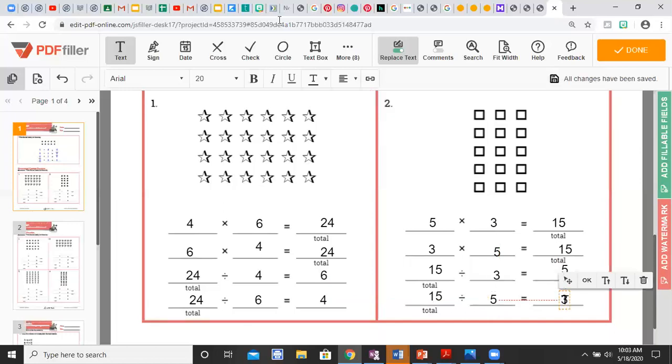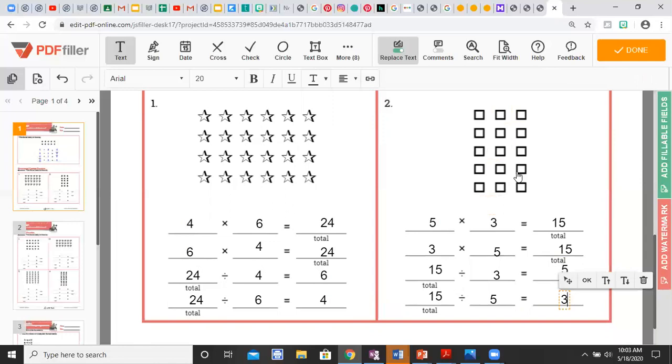Okay, and again, here's our 15. If we look at our 3 columns, 1, 2, and 3, each group has 1, 2, 3, 4, 5. So that's how we know that 15 divided by 3 will give us 5.